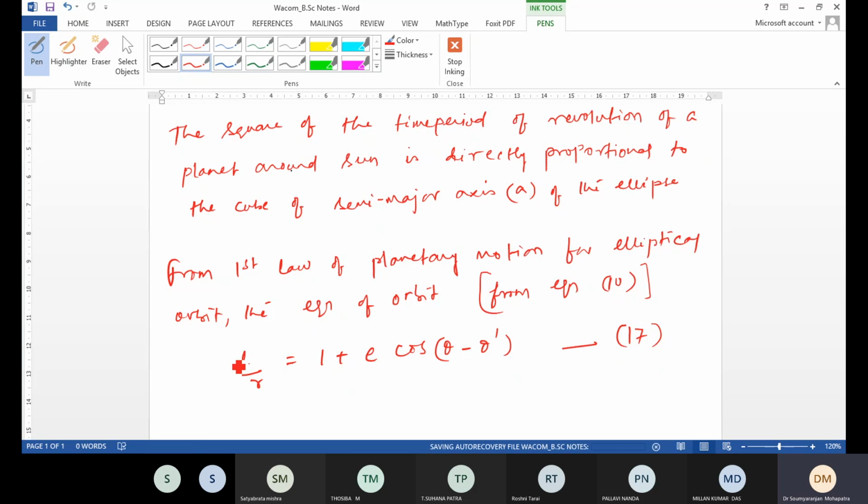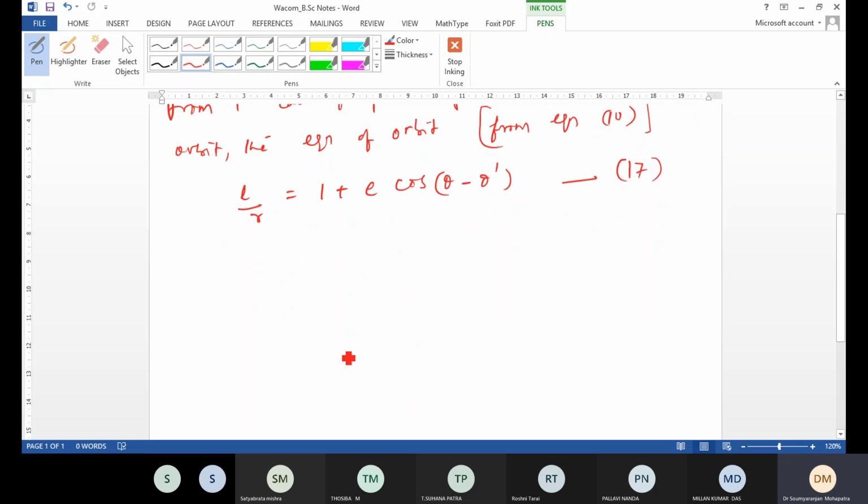Similarly, E is called your eccentricity. In equation 10, I have written E as the square root of 1 plus 2L square E by mk square. So I have written the general form, L by R equals 1 plus E cos of theta minus theta prime, where L is the latus rectum, equal to L square by mk.